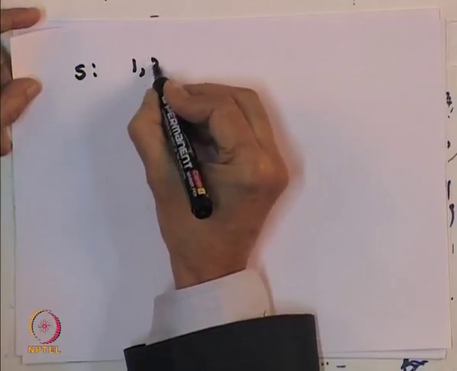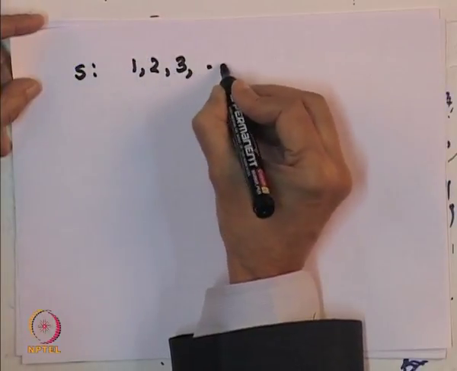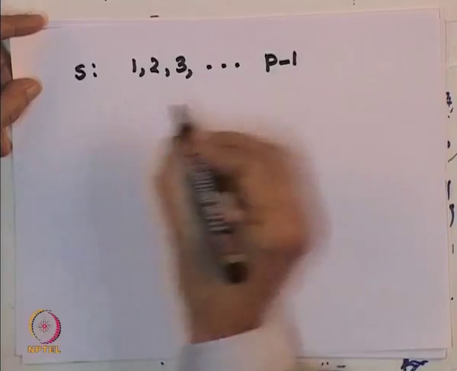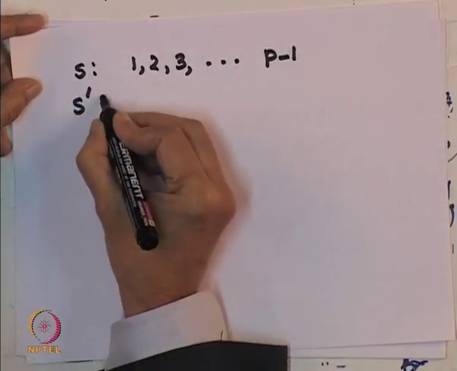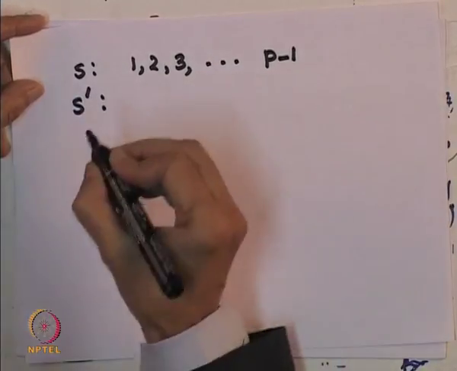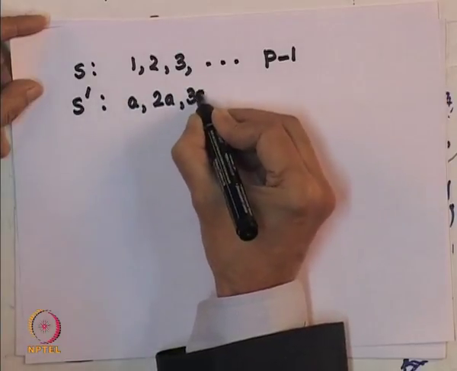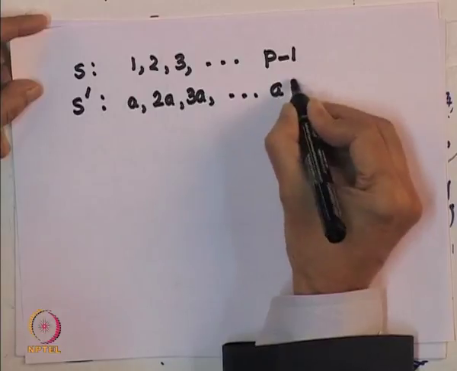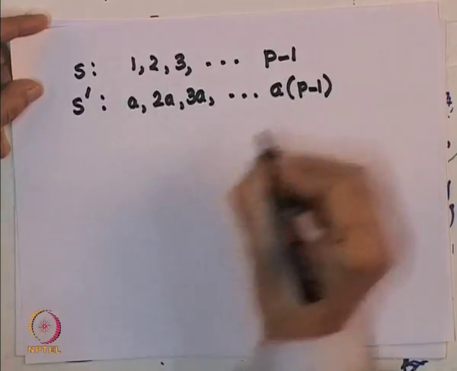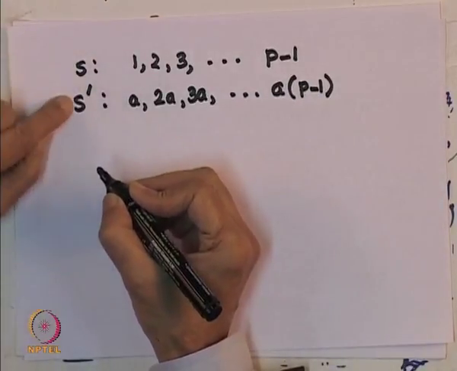So the original set is 1, 2, 3, 4 up to p minus 1, and the set S prime is obtained by multiplying each number with a. So I have got a, 2a, 3a, etc., a times p minus 1. So these two sets are identical sets.